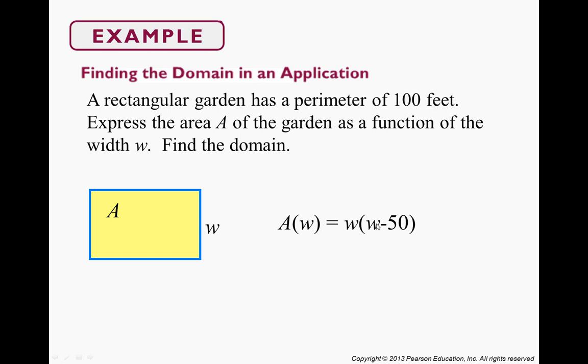So the area, or yeah, the length is equal to W minus 50. So our domain is any values between 0 and 50. Because if we put in any number bigger than 50, we won't have the area that we need.